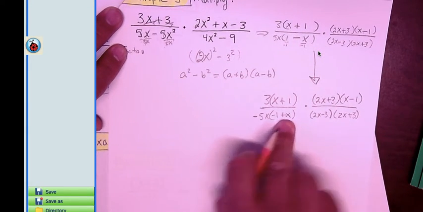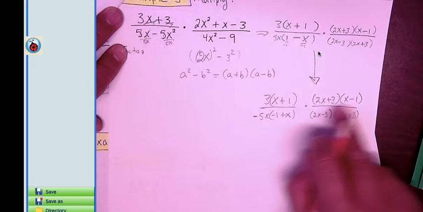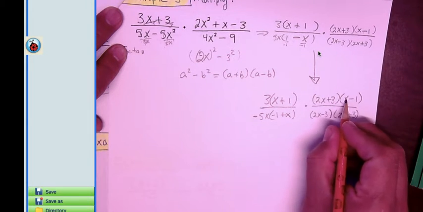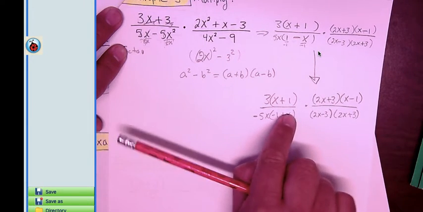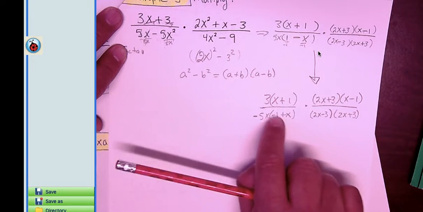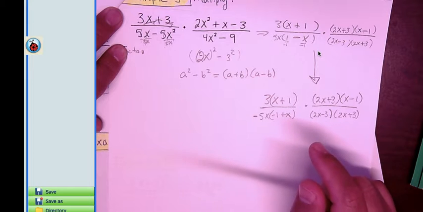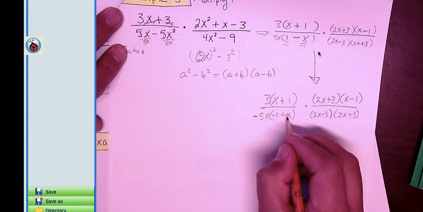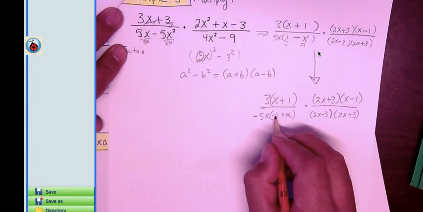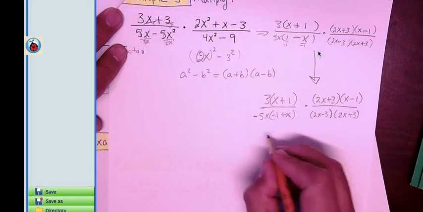So yeah, it still doesn't look the same, but if you notice, that's a negative 1, that's a positive x, that's a negative 1, that's a positive x. So we can change around these things. So remember, the commutative and associative properties give you the liberty of changing this around. It doesn't affect the outcome.